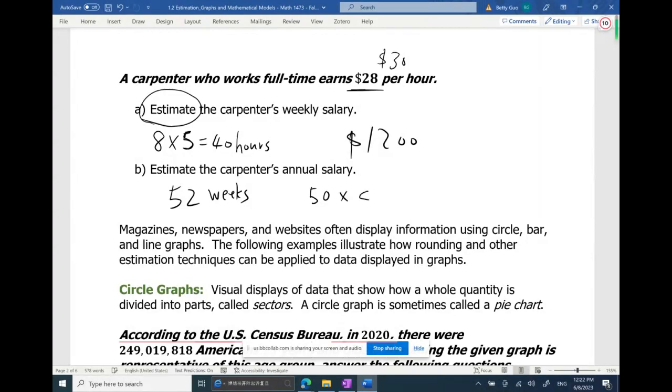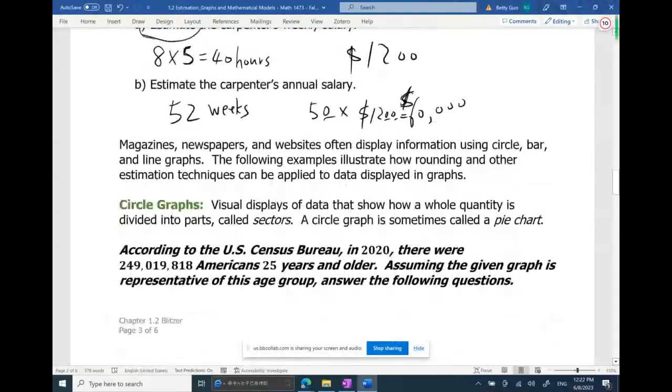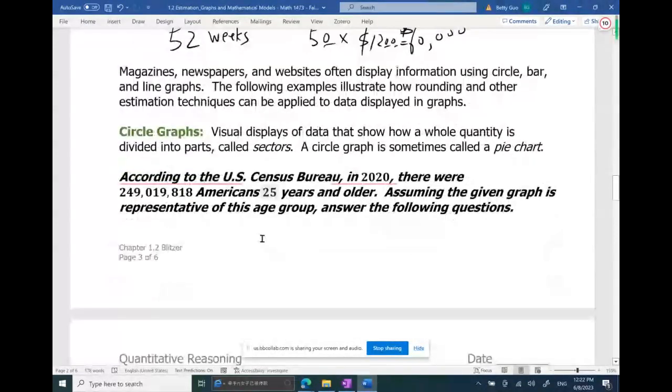And then we multiply 50 by the weekly salary. You can get this done very quickly. 5 times 12 is 60. And then we add 3 zeros. So the carpenter's annual salary can be estimated as 60 grand. Pretty good. Next question.